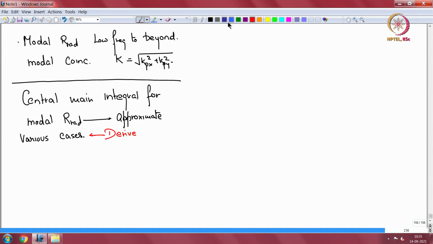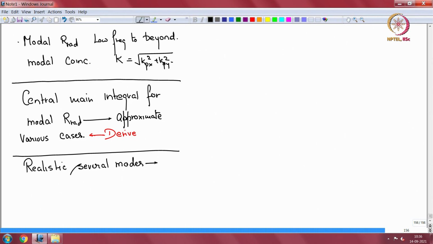Okay. Then what next? Let me just mention that this is just modal, but in a realistic situation several modes contribute to the response.